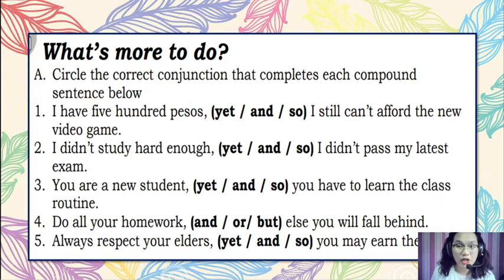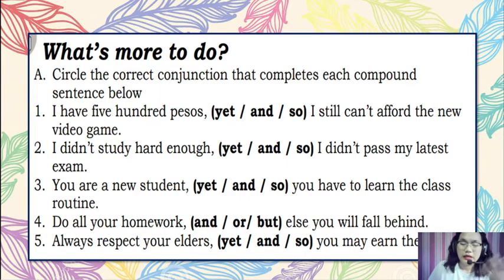As you can see, there is a complete thought, there is a subject, there is a verb. And the second independent clause is, I still can't afford the new video game. Does it have a complete thought? Or kumpleto ba yung ibig sabihin ng sentence? Hindi ba naputol? Yes, it is. So, it is also considered an independent clause.